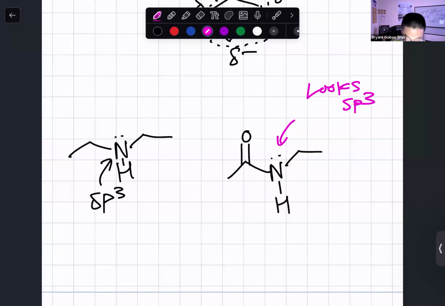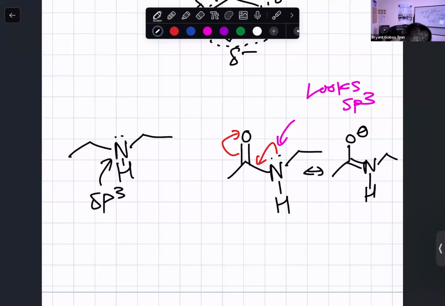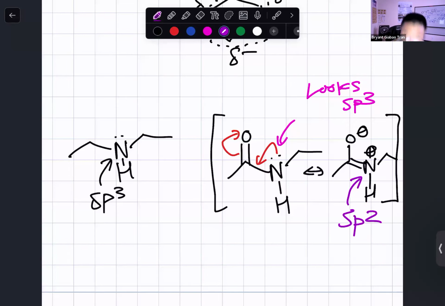But it's not actually sp3, because it can do resonance with the carbonyl to get this resonance structure, where now it's sp2 because it has 3 bonding groups: 1, 2, 3.